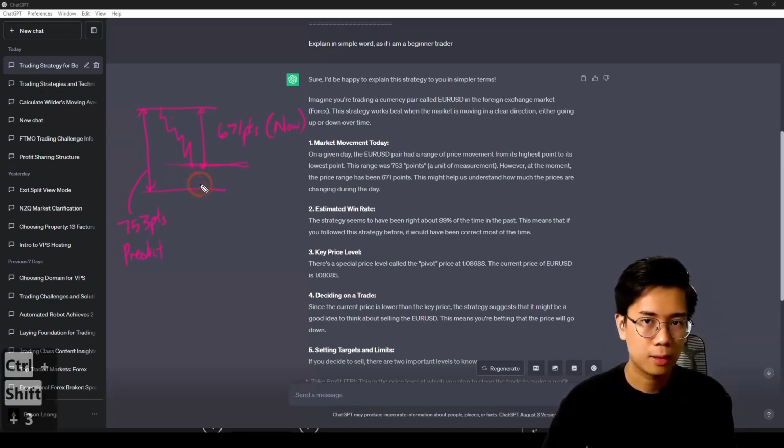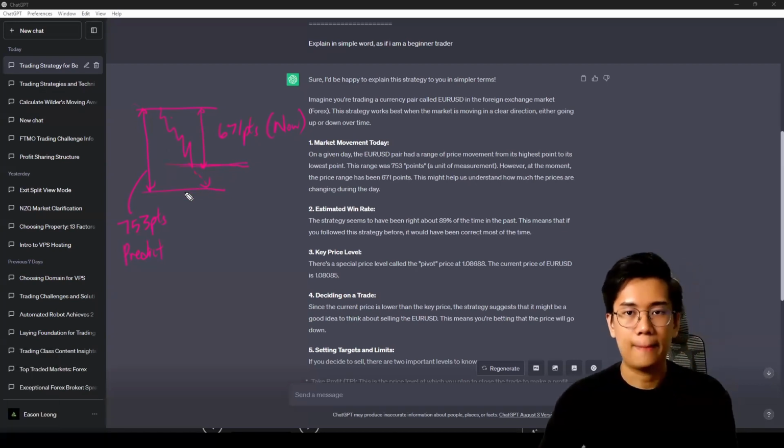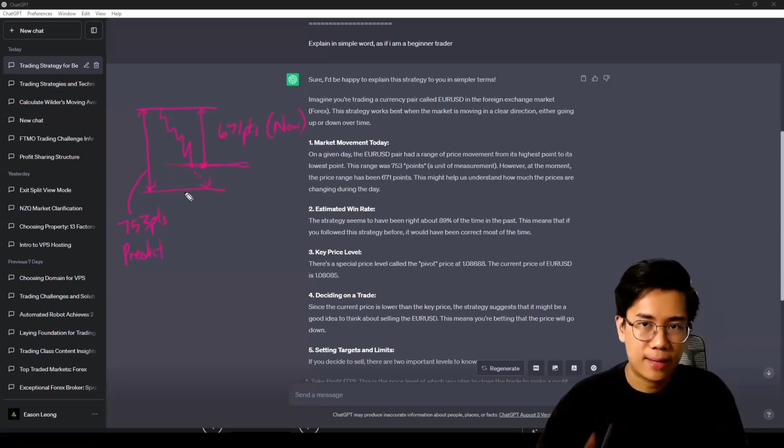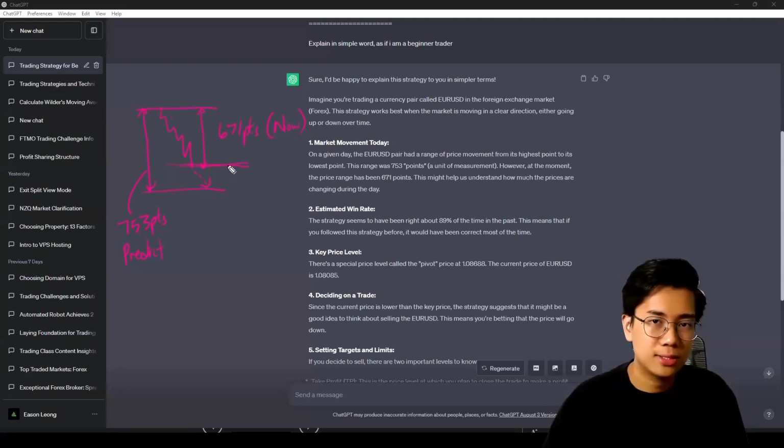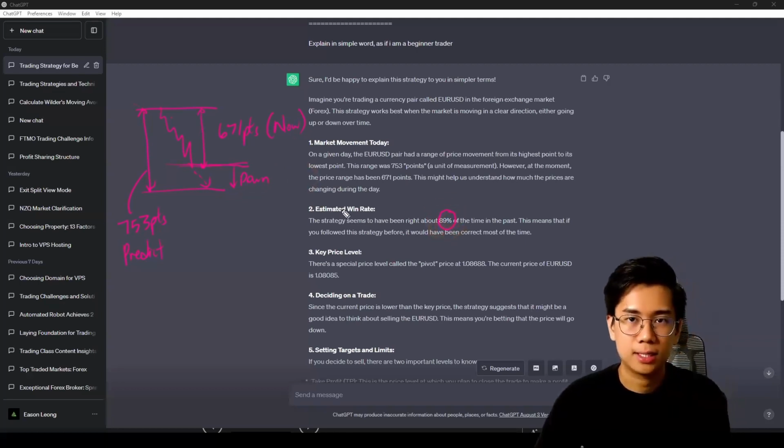Okay, like this, have a chance to continue to come down to here. And based on this, it's estimated that the chance of this trade to come down is 89%. This is your win rate.